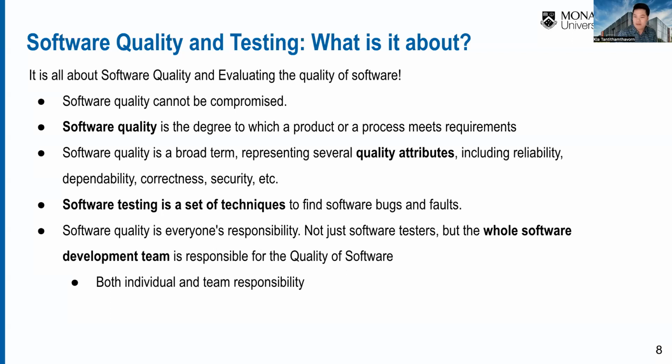It's not just the software tester, but the whole team. As a software engineer, when we write the code, we should write the code and the test as well, not just or, but and, okay?